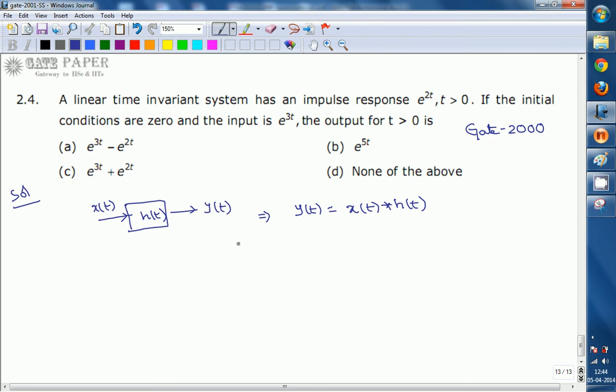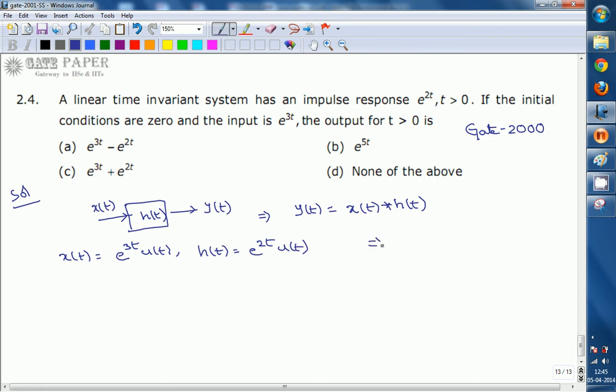Here x(t) equals e^(3t) u(t) and h(t) equals e^(2t) u(t). We can find the output using the Laplace transform.